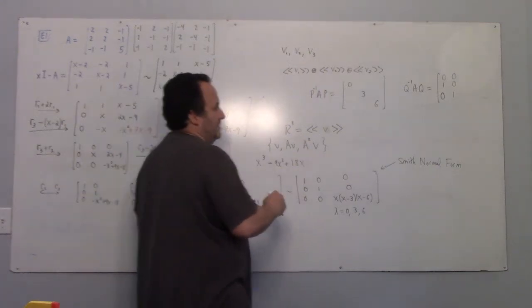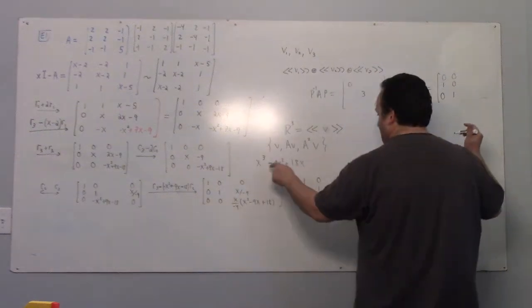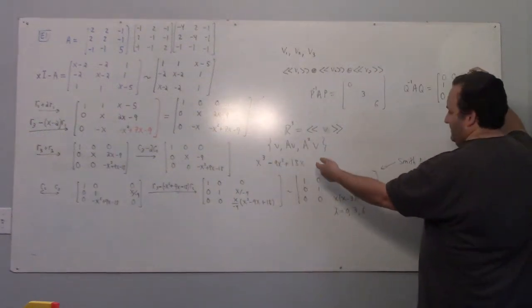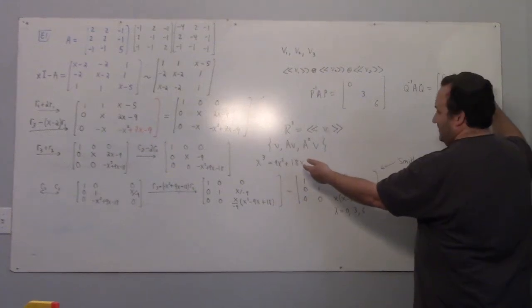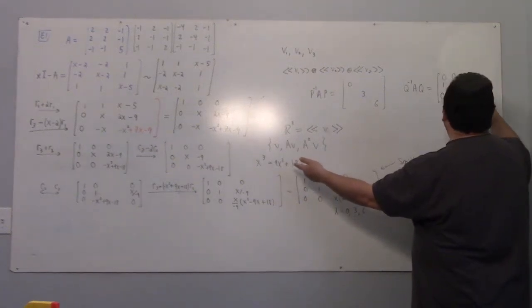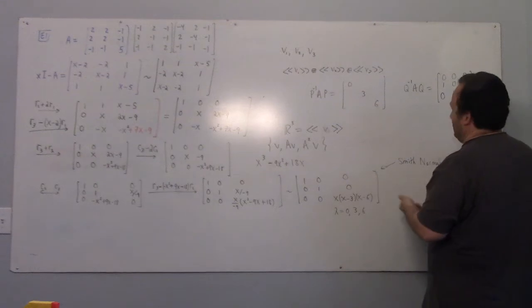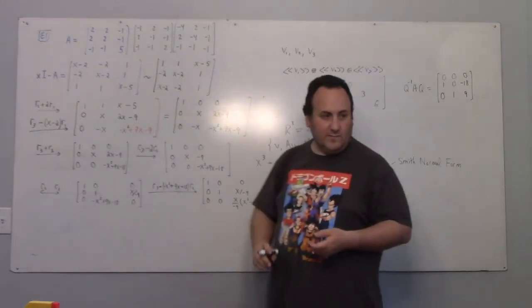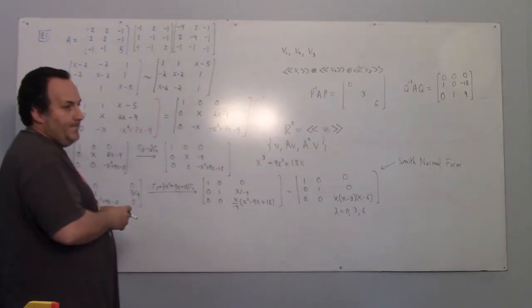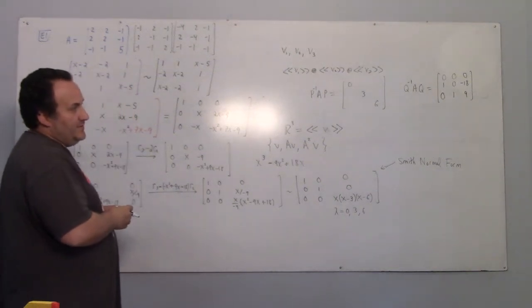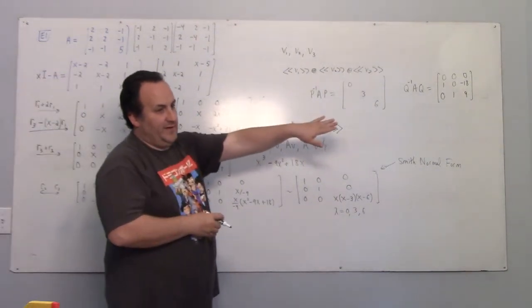So that translates to 0 for the constant, minus 18 for the linear, and 9 for the quadratic spot. So that would be the rational canonical form of A.